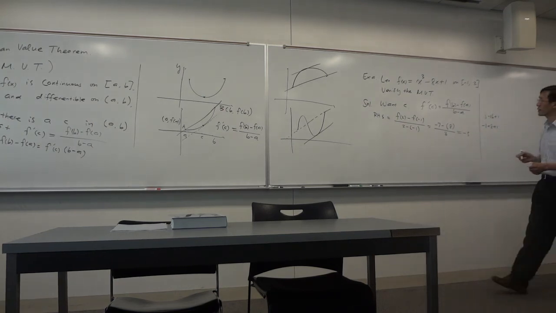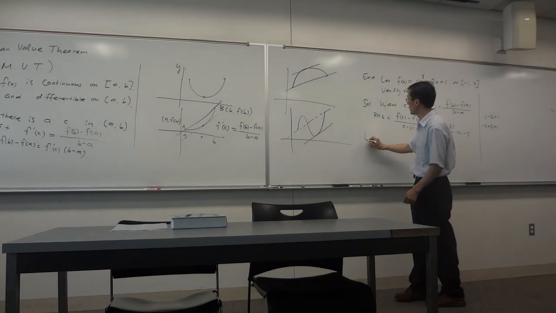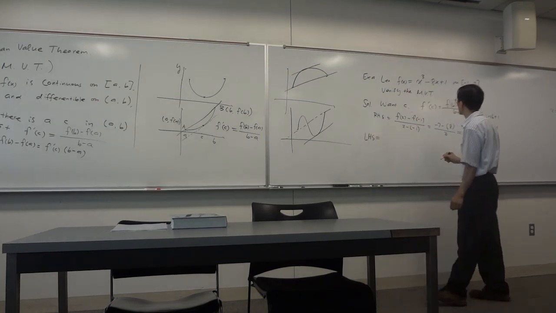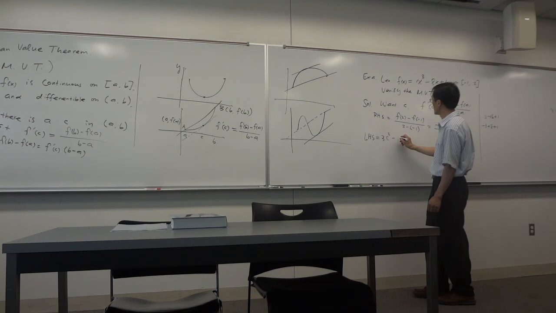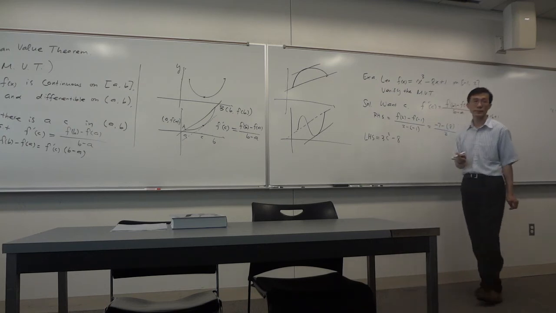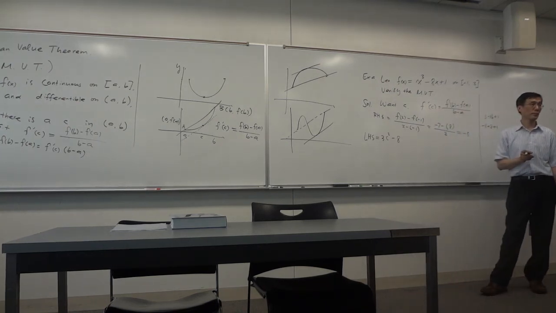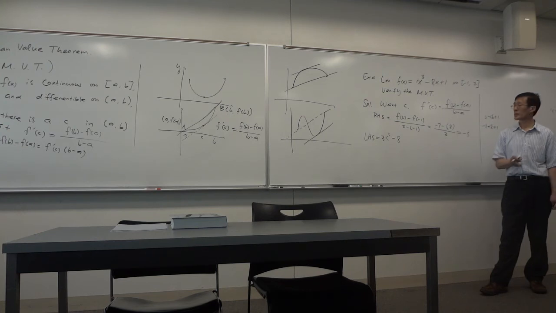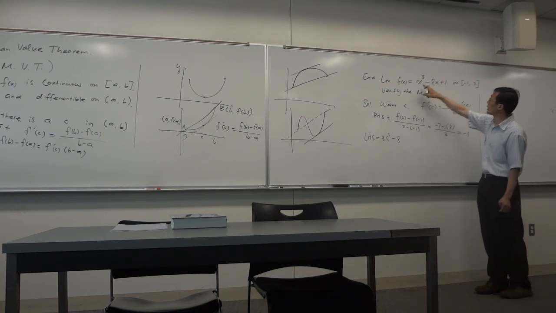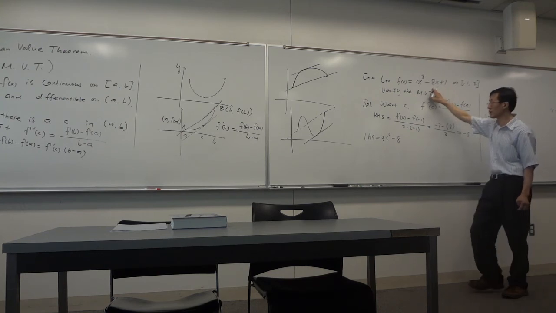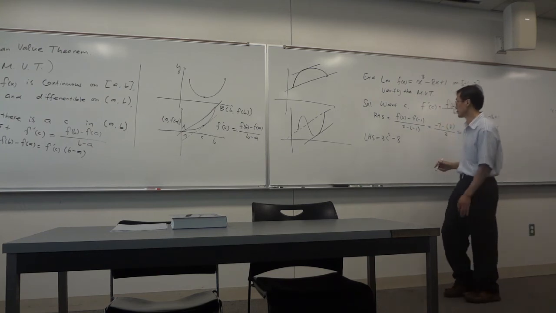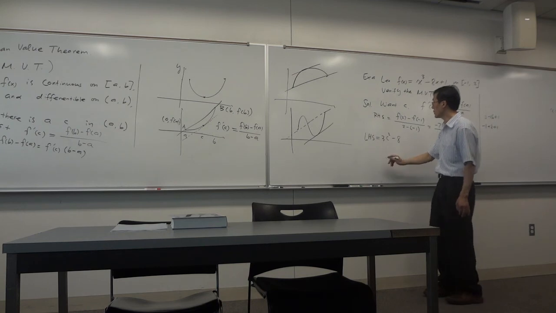Let's do the left-hand side and solve them to be equal. f prime c, that is 3 times c squared minus 8. Are you with me? You take the derivative, you get 3x squared minus 8. And because we're talking f prime c, you want them to be equal.